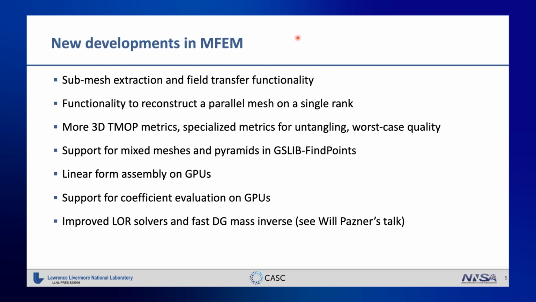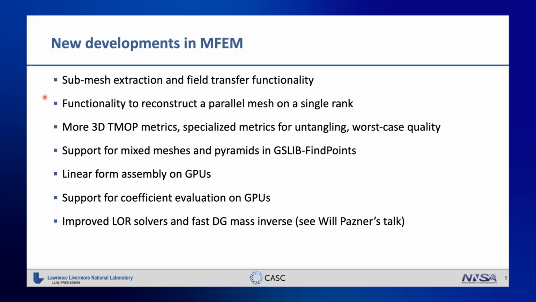So some of this is really concentrated extracts from the changelog, and I've tried to highlight some of these features that I'm listing here. So submesh extraction and field transfer functionality.